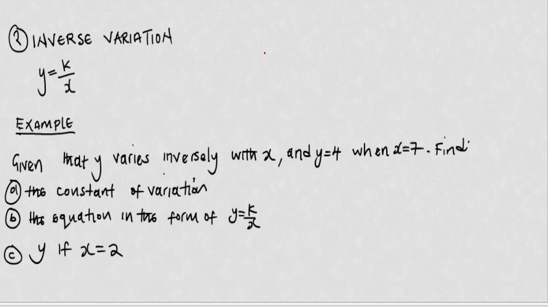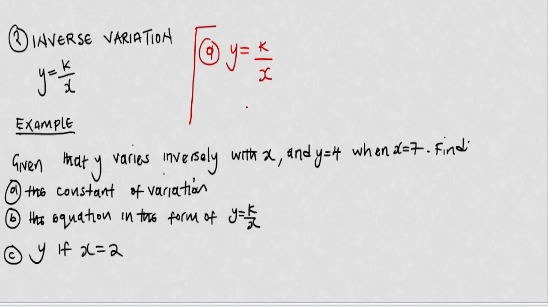So let me do the first part, part A, of the solutions. Here we're saying y varies inversely as x, so you put a k on top, then the x down.